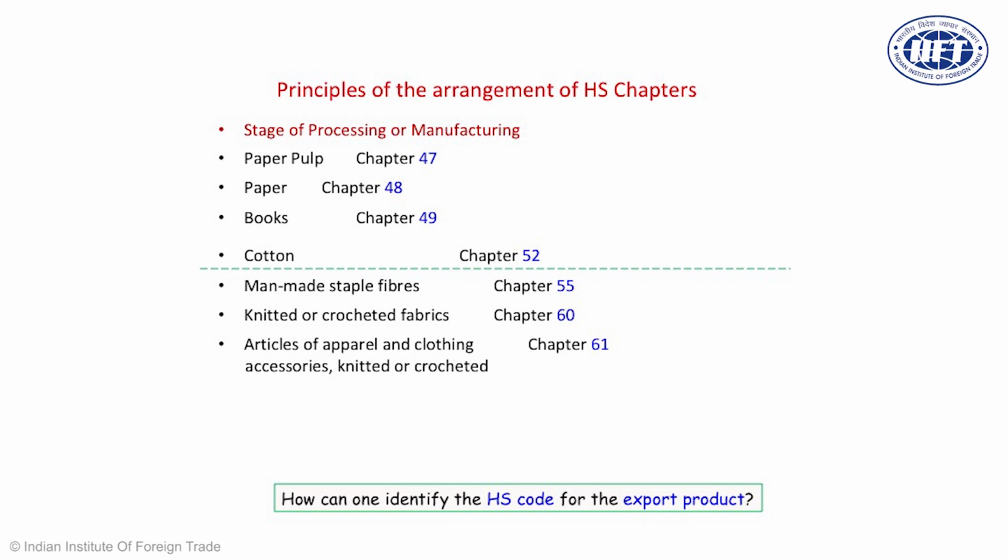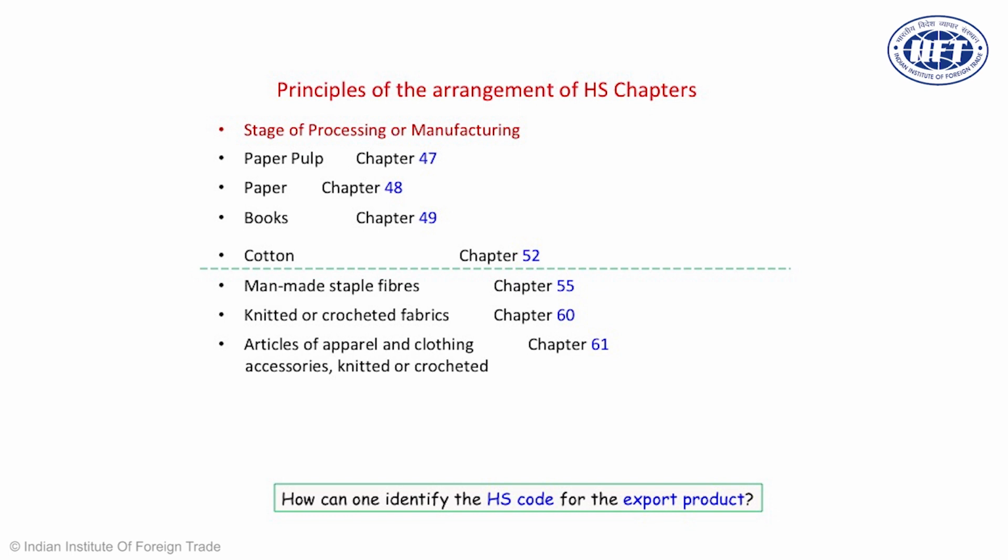There is a third rule of thumb that you might follow. The rule of thumb would be you look at the stage of processing. You might find paper pulp coming under HS 47, paper under HS 48, and books and magazines coming under HS 49, but this follows the stage of processing rule of thumb.